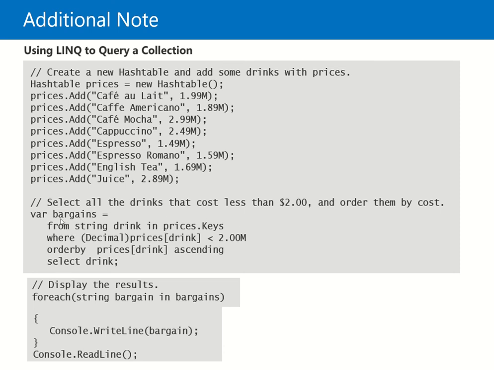So from this object, from prices.Keys. But because I want to trace it one by one, from, you create a variable called drink, which is a string, because the keys here are all strings. So when you do the from on the object, you have to create a variable, which is a string, to store the key from the hash table.